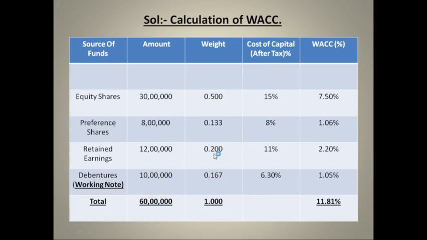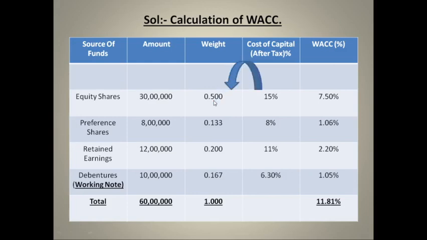Same way, if 12 lakhs is 0.200, then how much is 8 lakhs? We will get the answer as 0.133. Similarly, if 8 lakhs is 0.133, then how much is 30 lakhs? Again we will cross multiply and get the answer as 0.500. Right my dear friends?